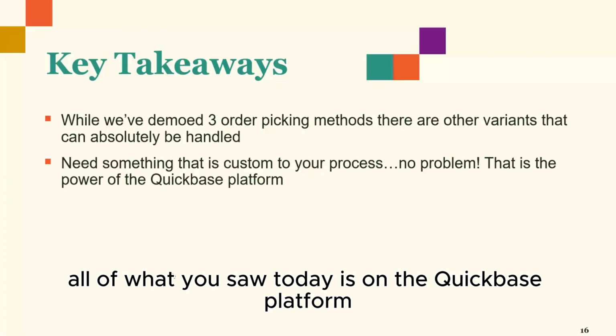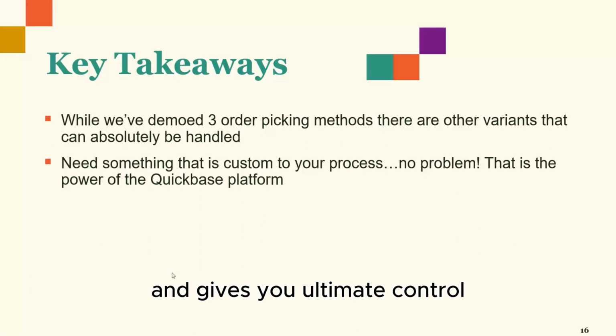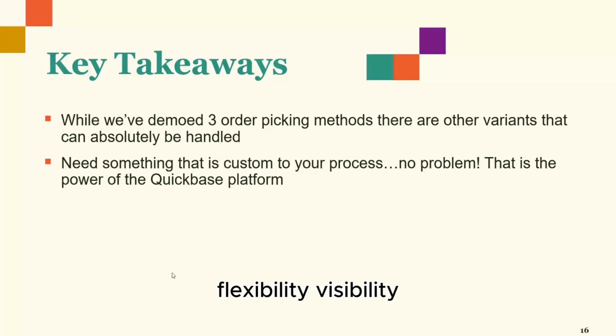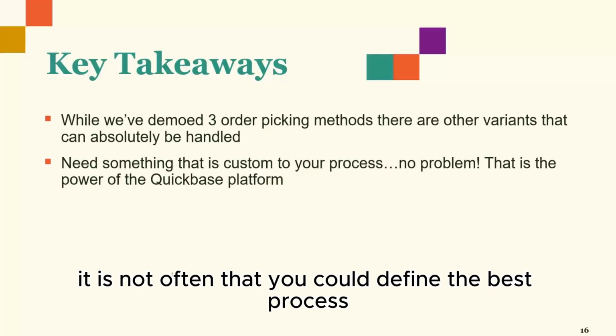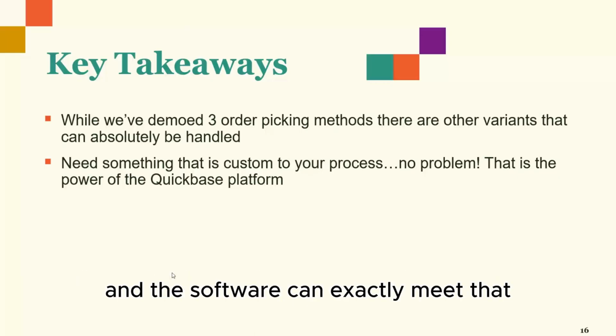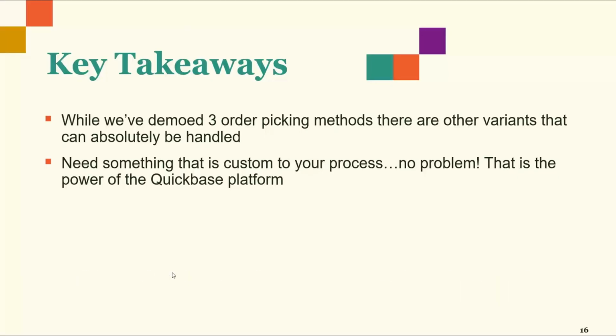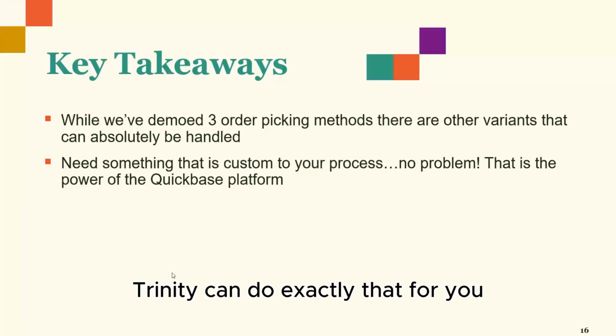All of what you saw today is on the Quickbase platform and gives you ultimate control, flexibility, visibility, and reporting. It is not often that you could define the best process and the software can exactly meet that. With the Quickbase platform, Trinity can do exactly that for you.